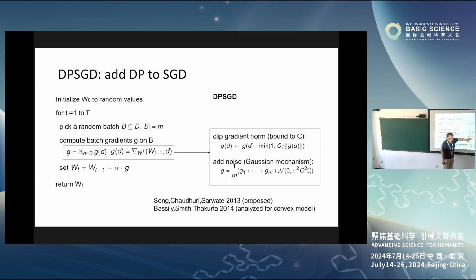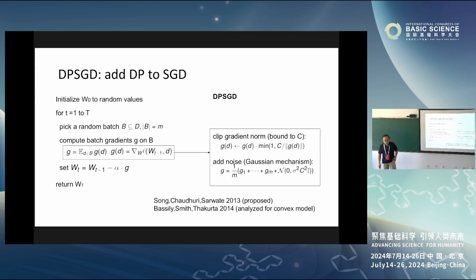Let's look at the sum. Okay, this is actually a very important point. If you look at the sum, the difference of L2 norm is at most one clip bound between two neighboring databases. Therefore, adding that much noise will make it (epsilon, delta) differentially private.